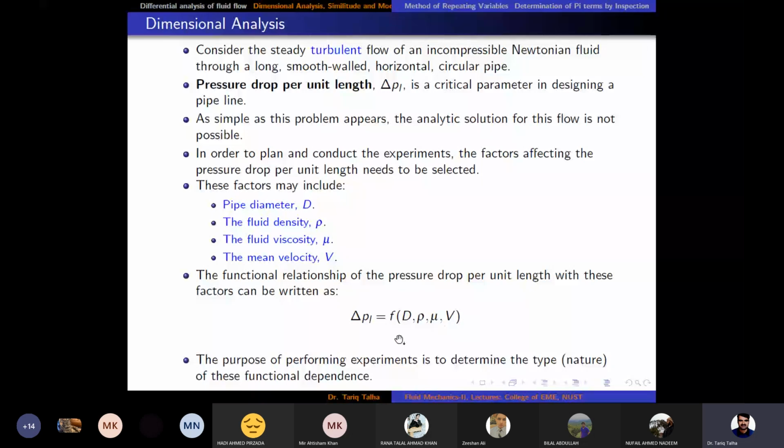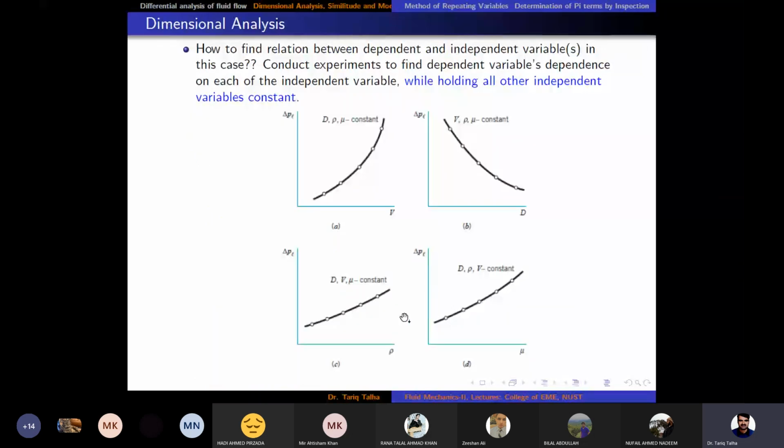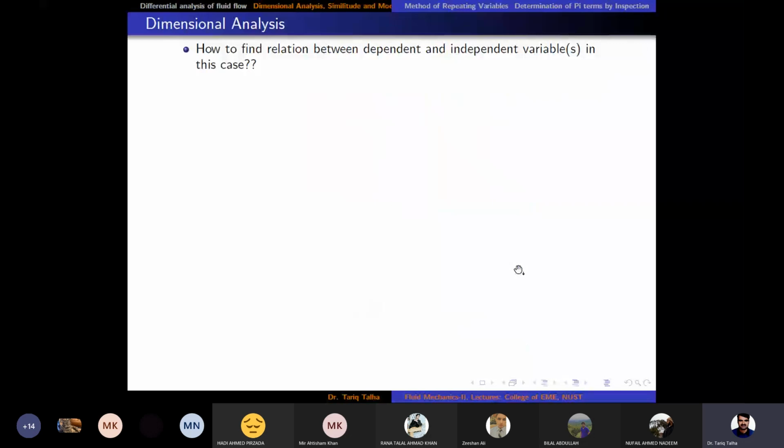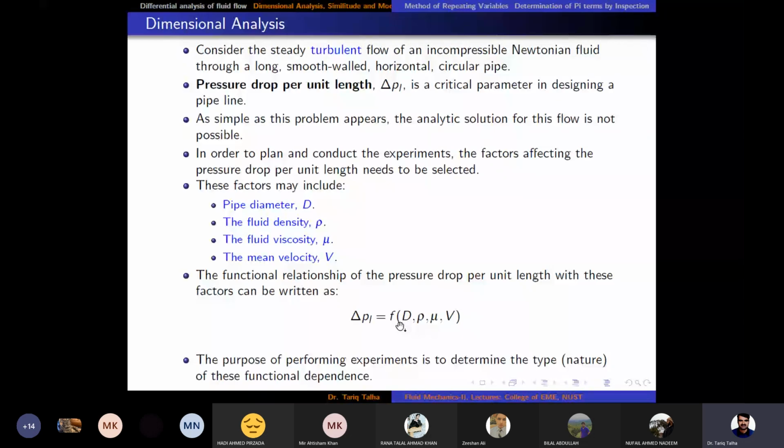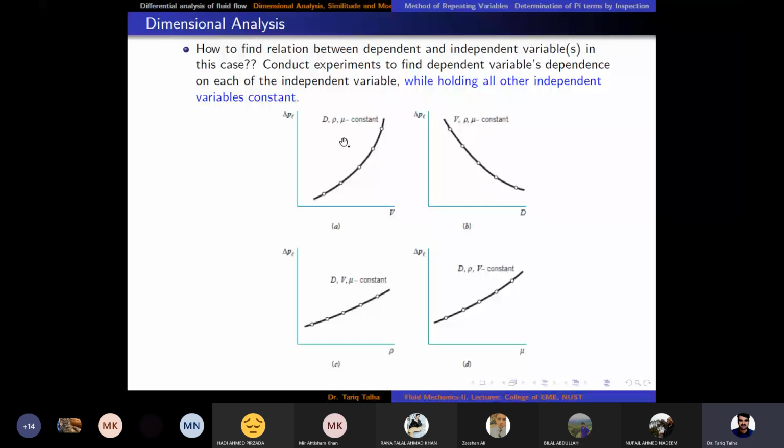Now the first way of doing it is that, because we have got four dependent variables, we need to conduct four types of experiments. In one, we have delta p as a function of velocity, diameter, rho and mu, and all the other three are kept constant respectively.